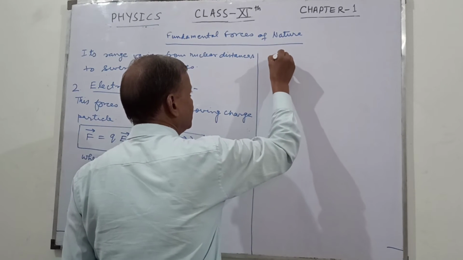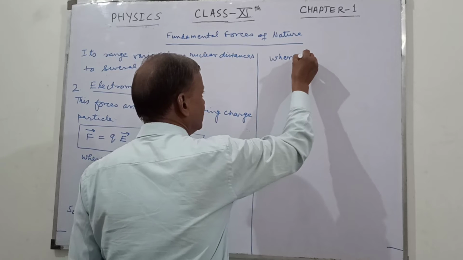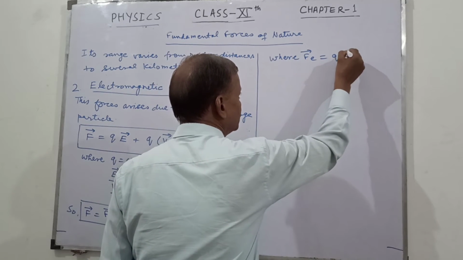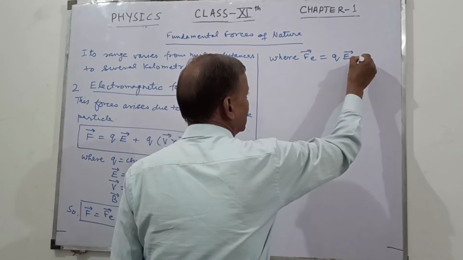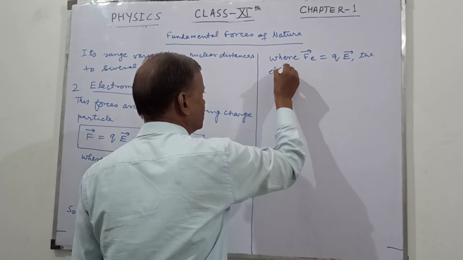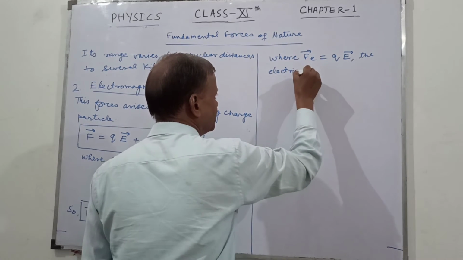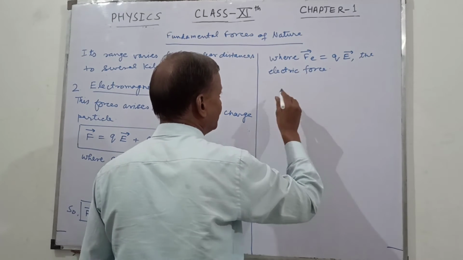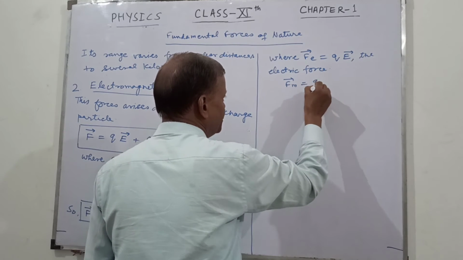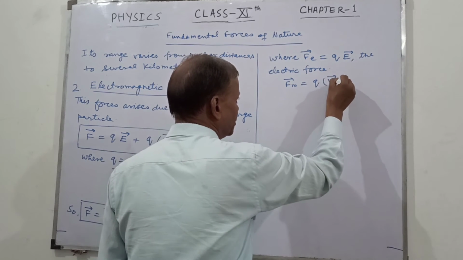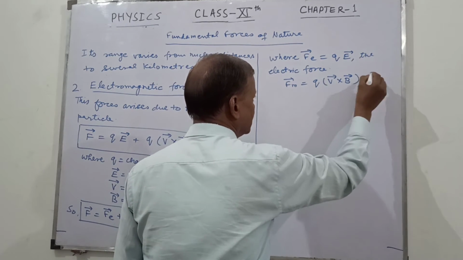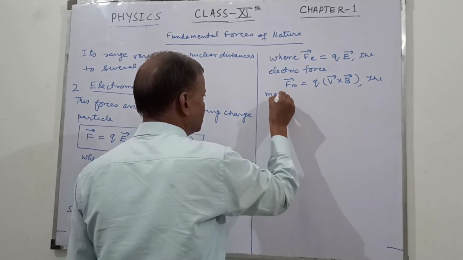where Fe is equal to Q into E, the electric force, and Fm is equal to Q V cross B, the magnetic force.